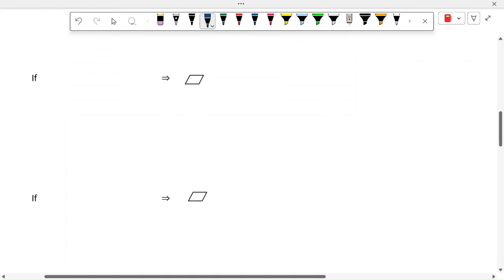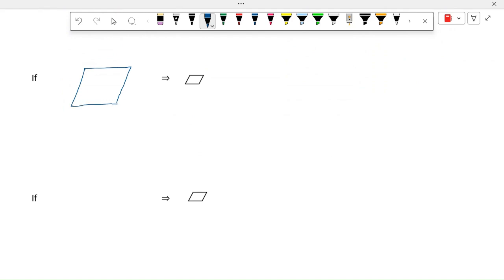Next one. If I have a quadrilateral, and I'm actually going to give it the name to begin with, A, B, C, D. I'm going to draw in this diagonal.